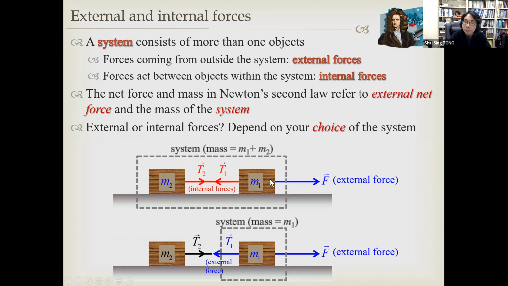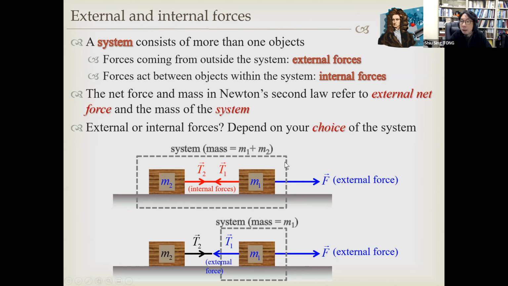Suppose the two blocks here are connected by a string, and the string is taut. The block M1 is being pulled to the right by a force, which I call F. So what is external force and what is internal force? It depends on the choice of your system.